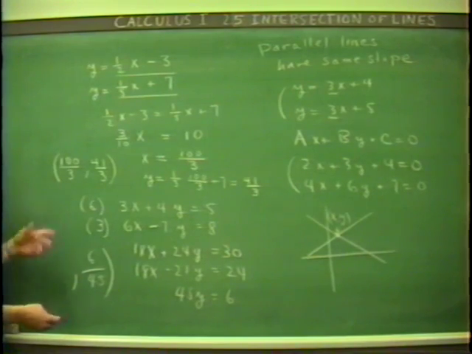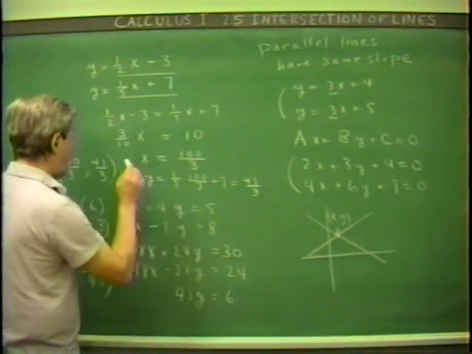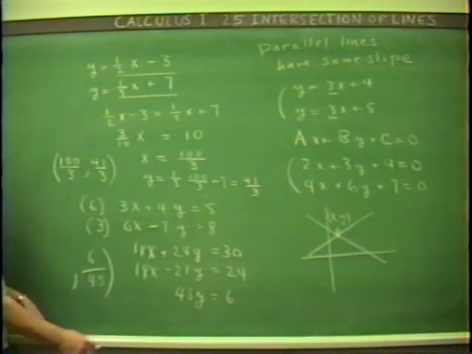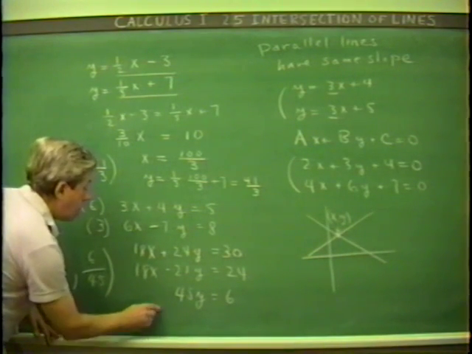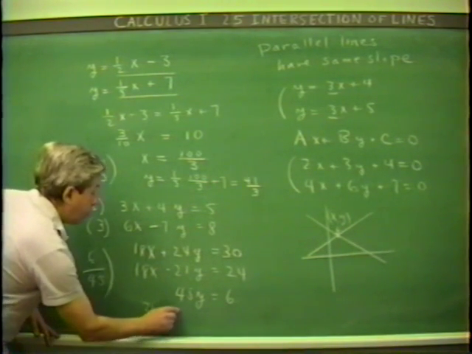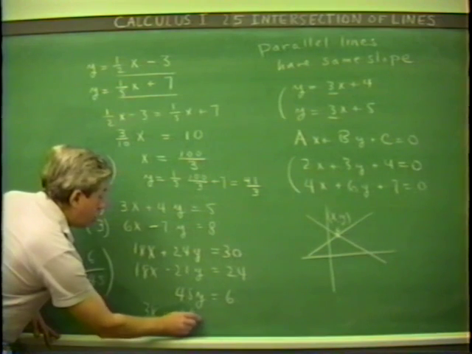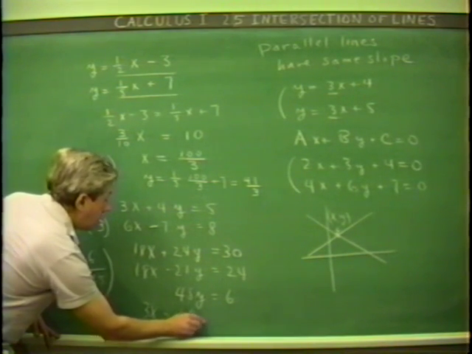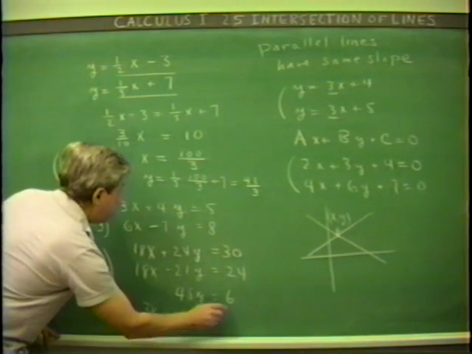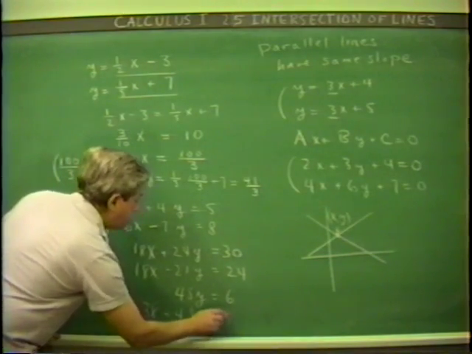And to find the x coordinate, we need to put 6 over 45 in here for y. And we get that 3x plus 4 times 6 over 45 is equal to 5.